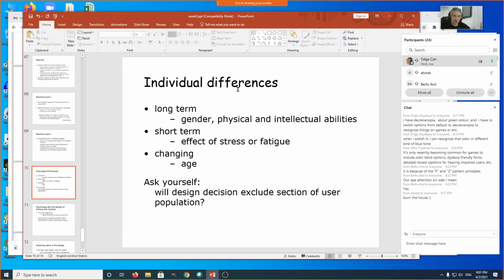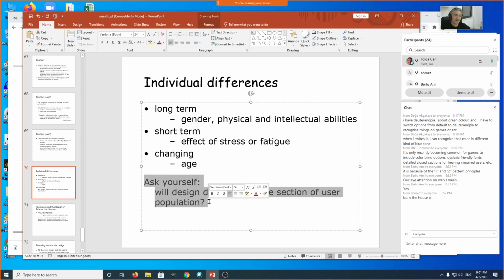Now, when you're designing an interface, you should ask this question to yourself. When I make this design like this, which part of the population am I not going to consider? My design decisions, do they exclude certain sections of the user population? So this is really an important question we should ask ourselves when we are designing interfaces.